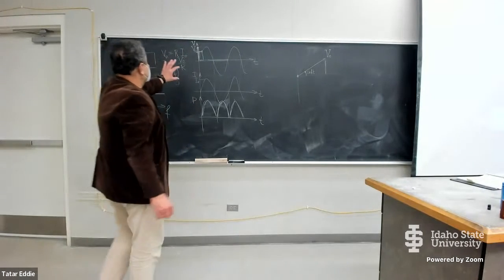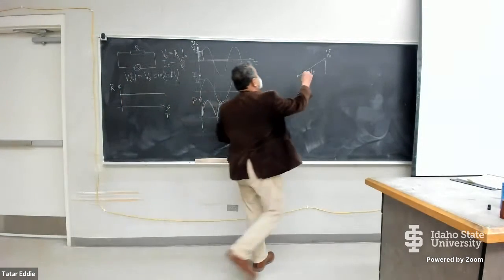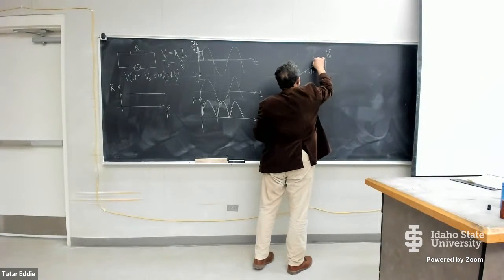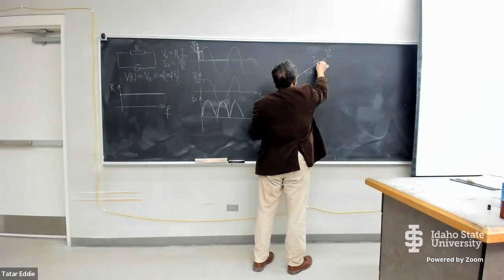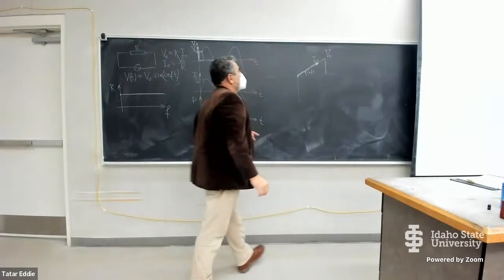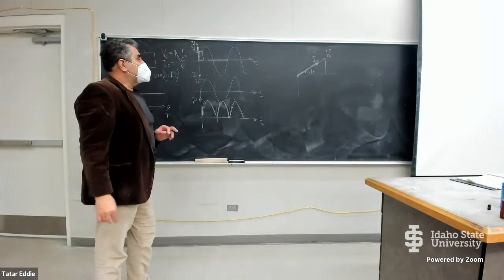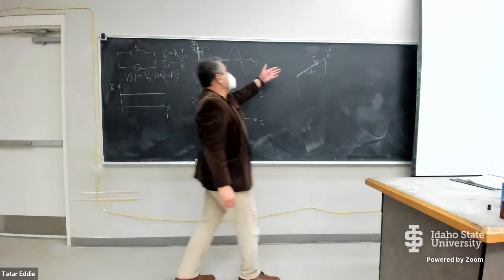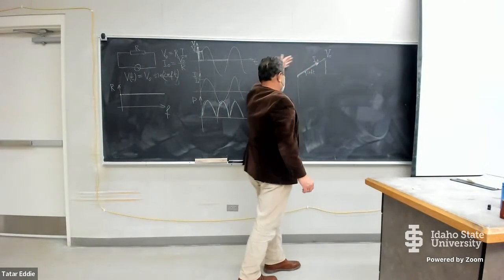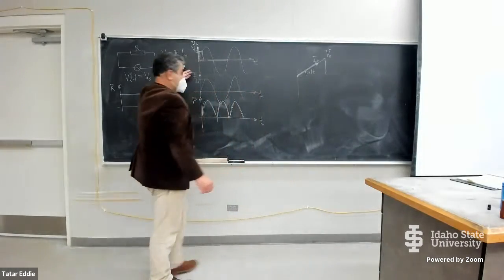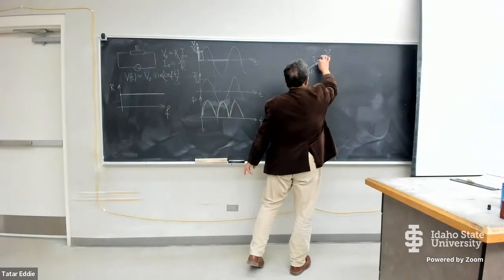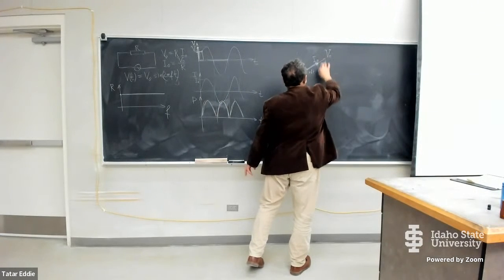Now, the current is represented with a similar phasor. So here is the phasor representing the current, right on top of the phasor representing the voltage. But in this case, it is smaller by a factor of R, the resistance. So the instantaneous value of the current again is this length.